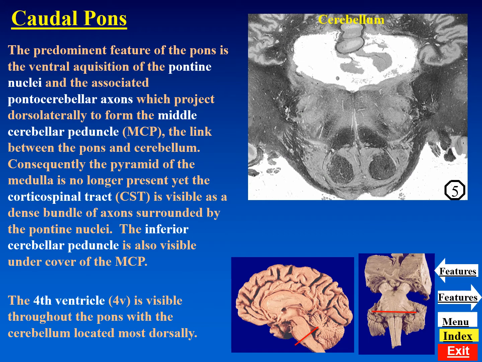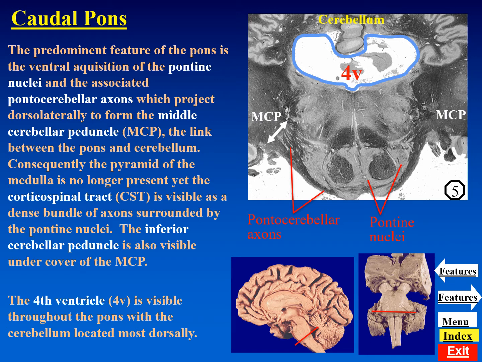Here in this caudal pons level, we continue to see the fourth ventricle. We see in addition now the add-on of the cerebellum at this level, just dorsal to the fourth ventricle. As we go more ventrally, we can see a fairly large collection of nuclear material, gray matter, the pontine nuclei, and those pontine nuclei send pontocerebellar axons to the cerebellum, forming the middle cerebellar peduncles.